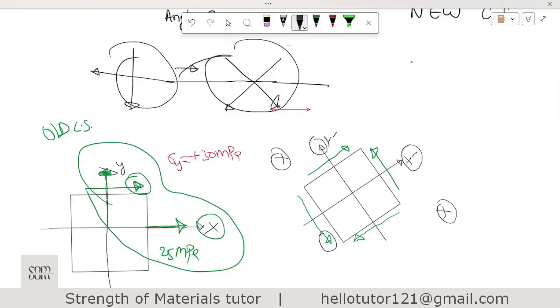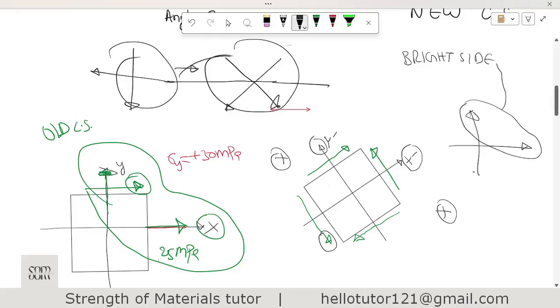I hope you know what the bright side is. This side is the bright side, because this is the positive direction, positive x-axis and positive y-axis. Or I will call it the positive side. If in the positive side, the same direction means positive.